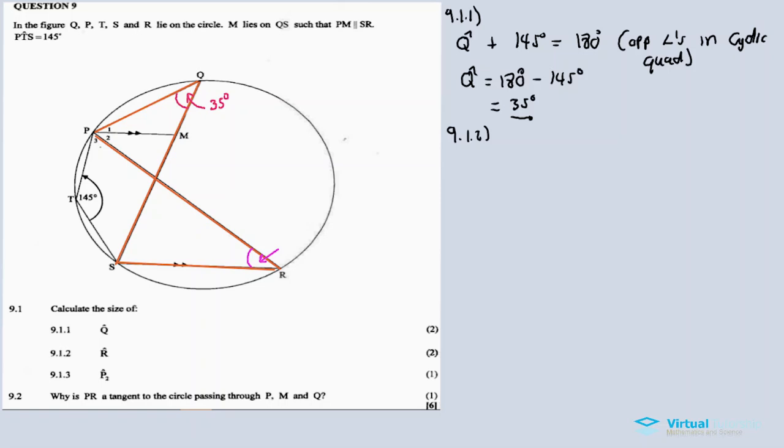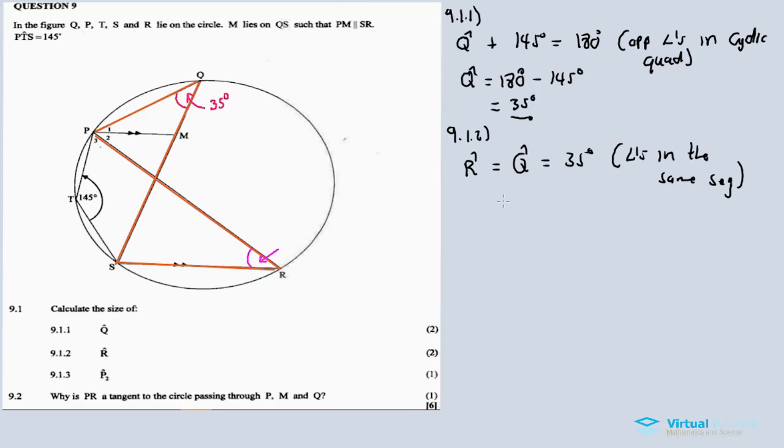So these are angles in the same segment, and angles in the same segment are equal. Therefore angle R is equal to angle Q. It means they are both equal to 35 degrees. Angles in the same segment.